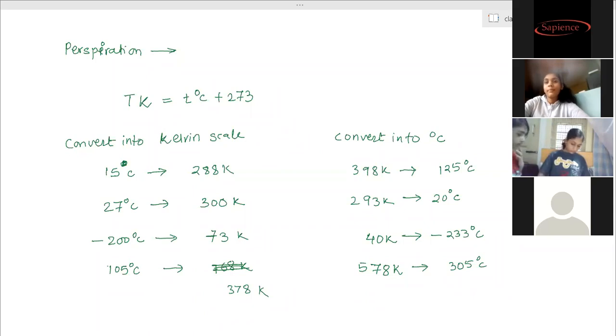If you apply more pressure, the particles come very close. So what happens to melting? It won't allow melting, because due to applied pressure the particles are held closer.